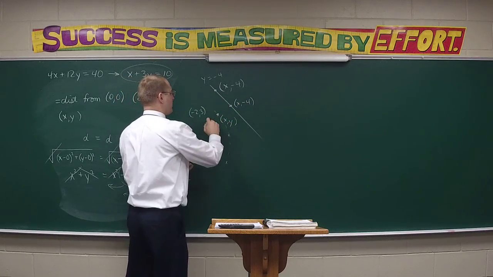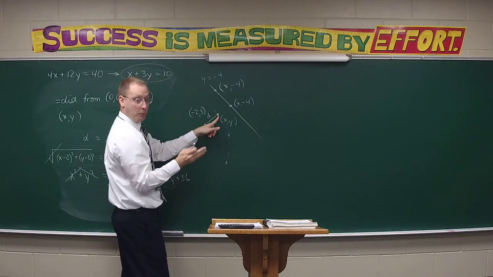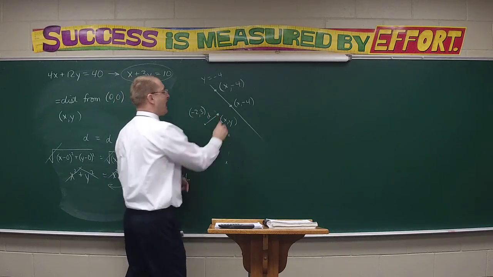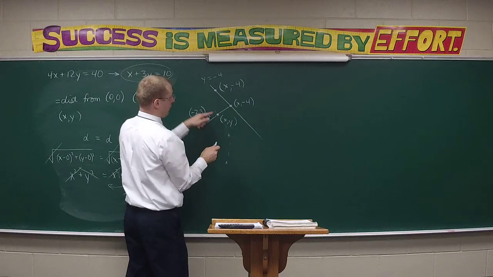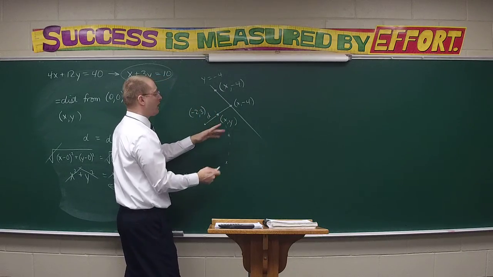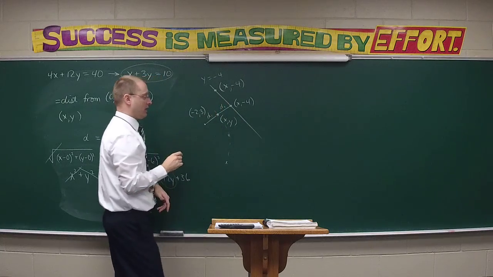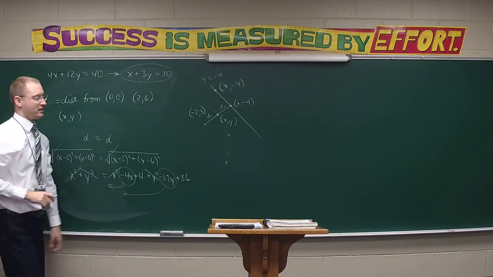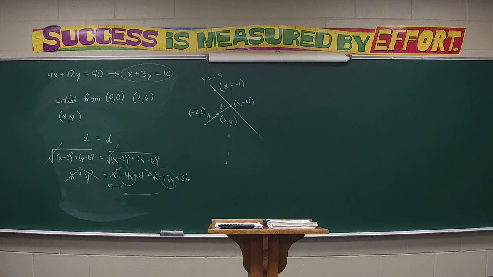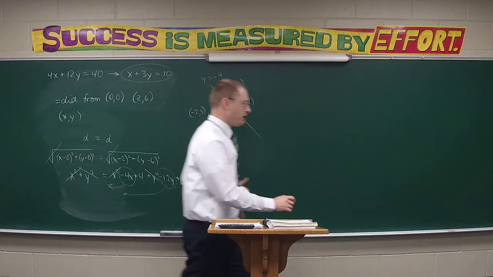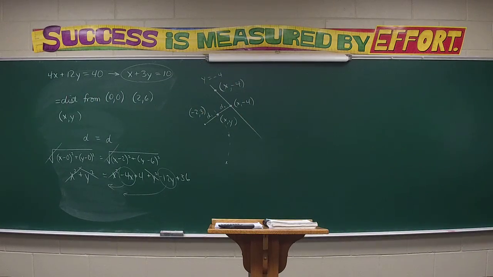But I do know that the distance from xy, a point on the locus, to negative 2, 3, and the distance from this xy, or this xy, or this xy, whatever, to x, negative 4 is also the same thing. At your seats. Finish that out. I've got equidistances here. One from a point, another from a line, but I can represent every point in the line as x, negative 4. Take just a moment to work.